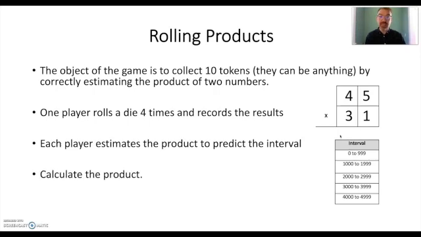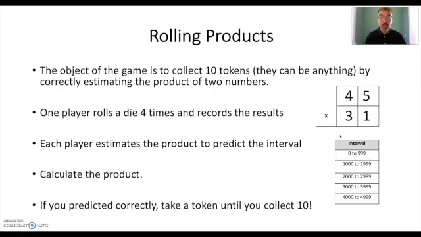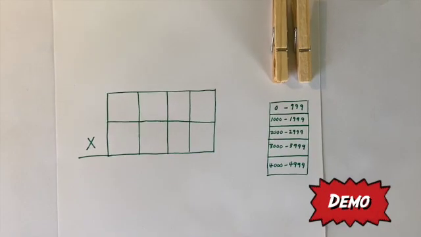Now you calculate the product. If you predicted correctly and your prediction fit somewhere in the interval, then you collect a token until you collect 10. And once you've done that, you're the winner! Let me show you how it works.